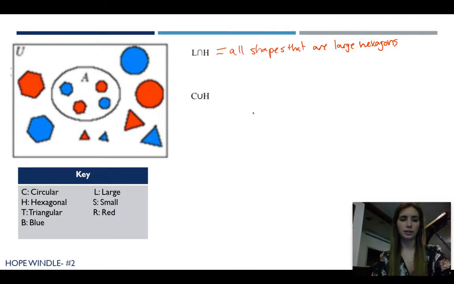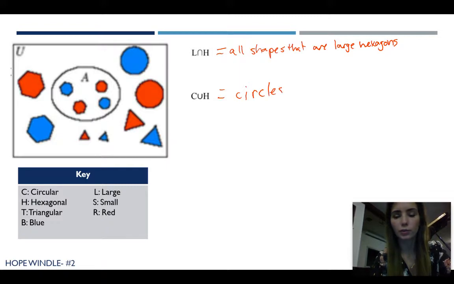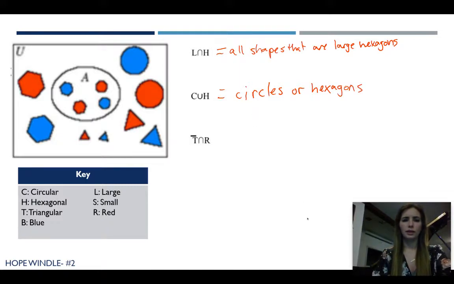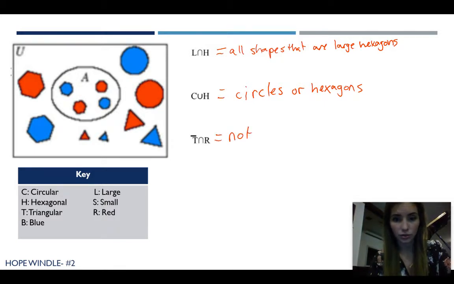Now, let's try to see what this is going to be, the union of shapes that are circles or hexagons. So this is going to bring them together. We're going to see circles or hexagons. And now we're going to look at the things that are not triangles and red.